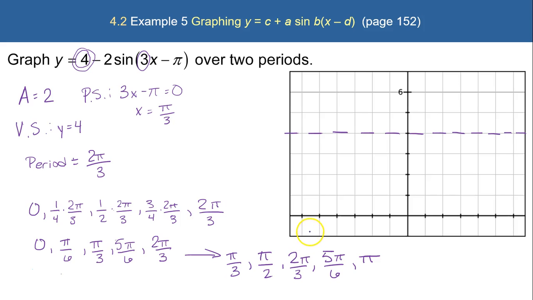Now these are the ones that we are going to plot on our x-axis here. So I'm going to say this right here. This is pi over 3. Okay guys, something that was confusing me before I move on. This value right here, 5 pi over 6, isn't supposed to be 5 pi over 6.